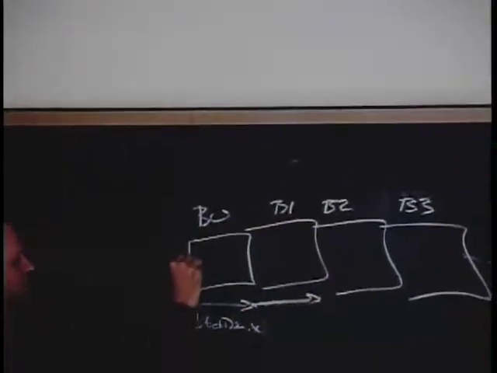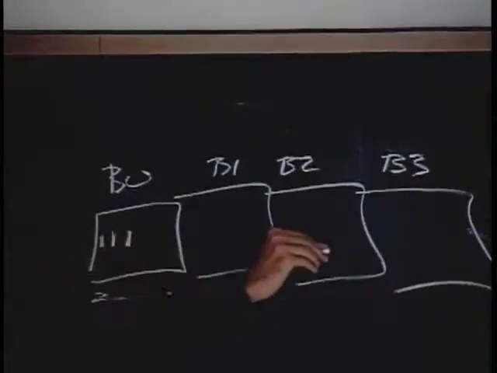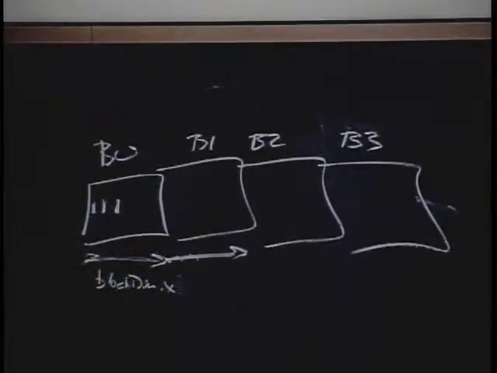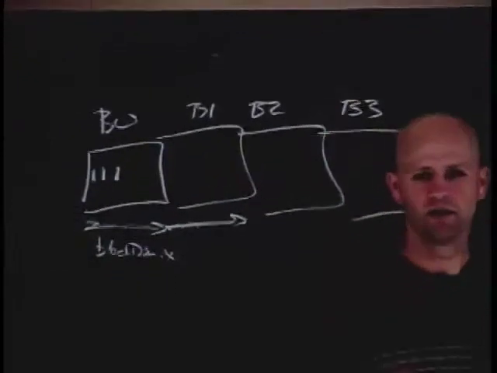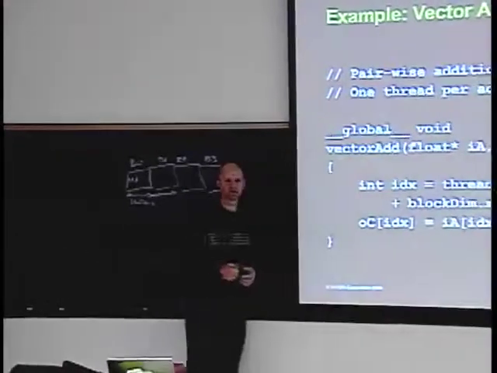So one thread wants the 0th element, another wants the first element, another the second element, and so on all the way down. You have to figure out which element is yours, and this is the way you figure it out. You say, which thread am I in the block, plus the offset of the number of blocks. Every thread will have a different index, and then this just looks like C, right? Read my element here, add them together, and put the result out here.